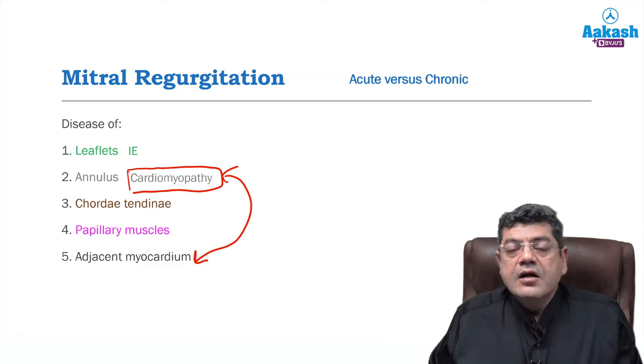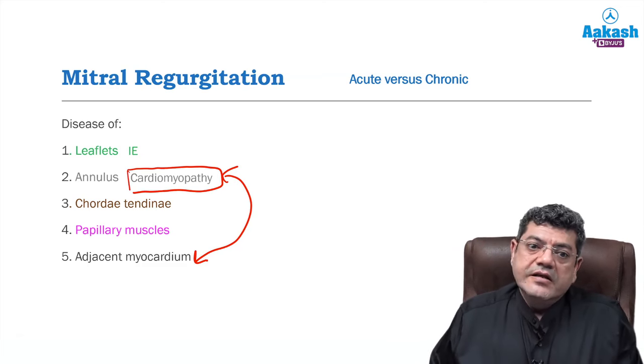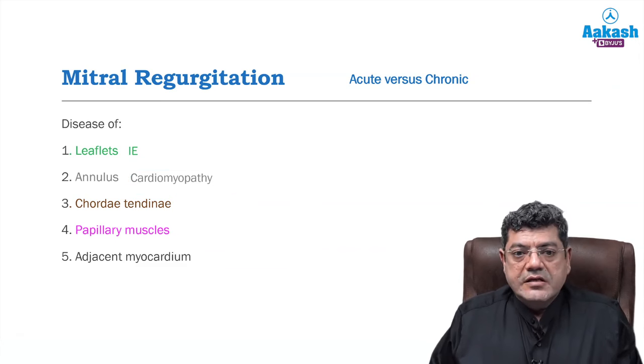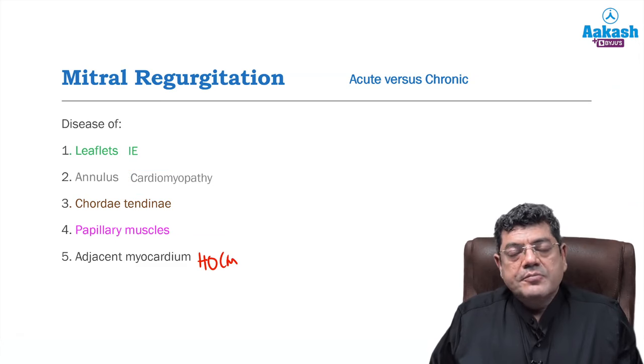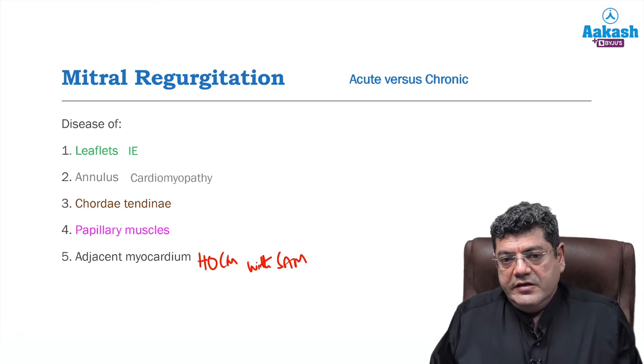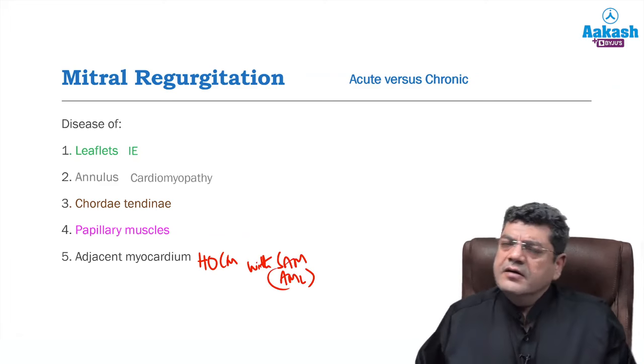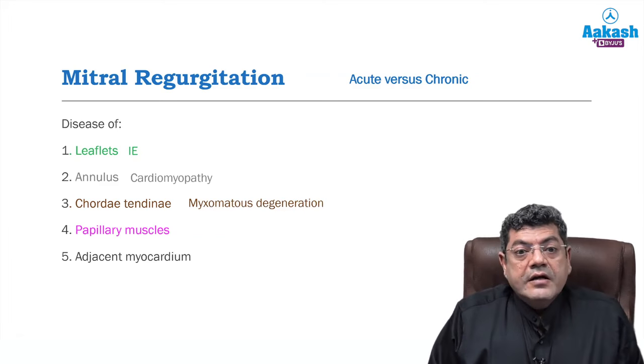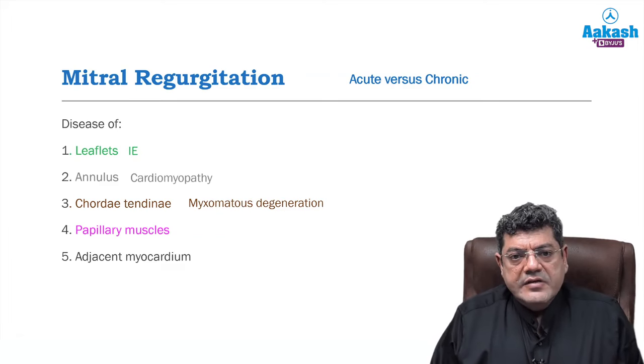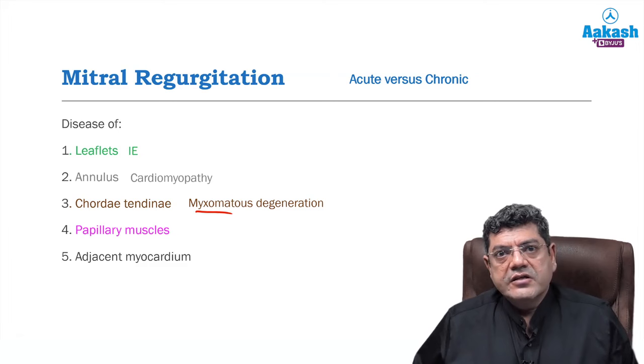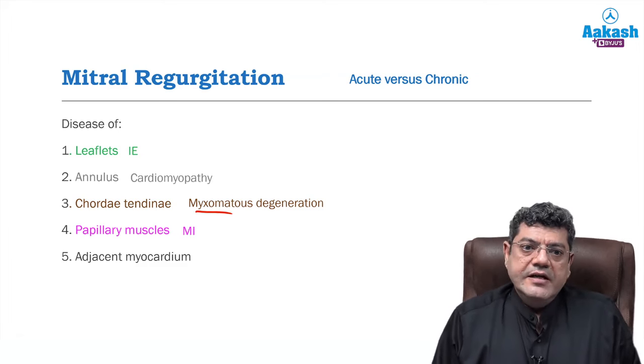Another example of disease affecting the adjacent myocardium and causing mitral regurgitation is hypertrophic obstructive cardiomyopathy with systolic anterior motion of the anterior mitral leaflet. Then chordae tendineae, we said myxomatous degeneration can cause disease of chordae tendineae.